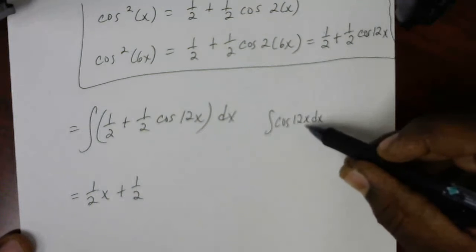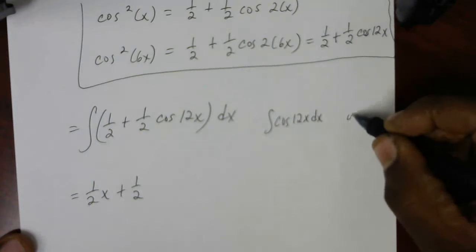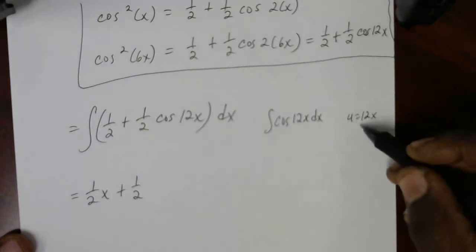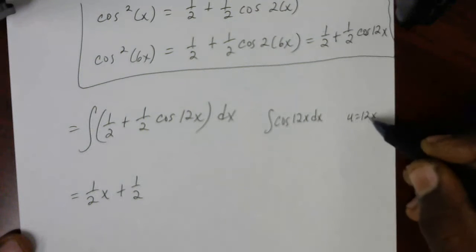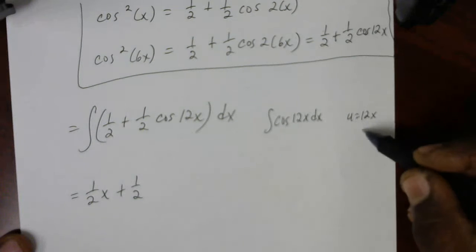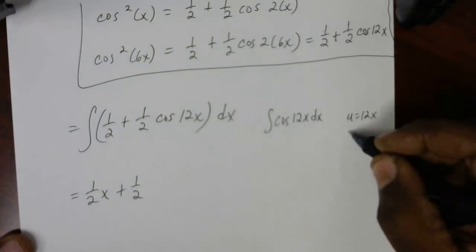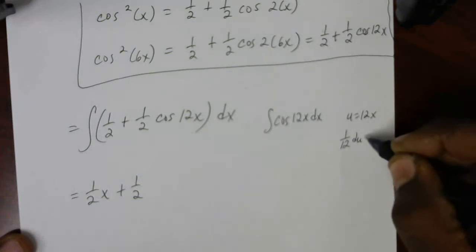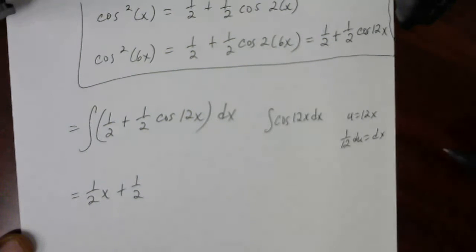So I'm going to make a substitution. u is equal to 12x. I'm going to take the derivative and solve this for dx. So I believe I would have 1/12 du is equal to dx.